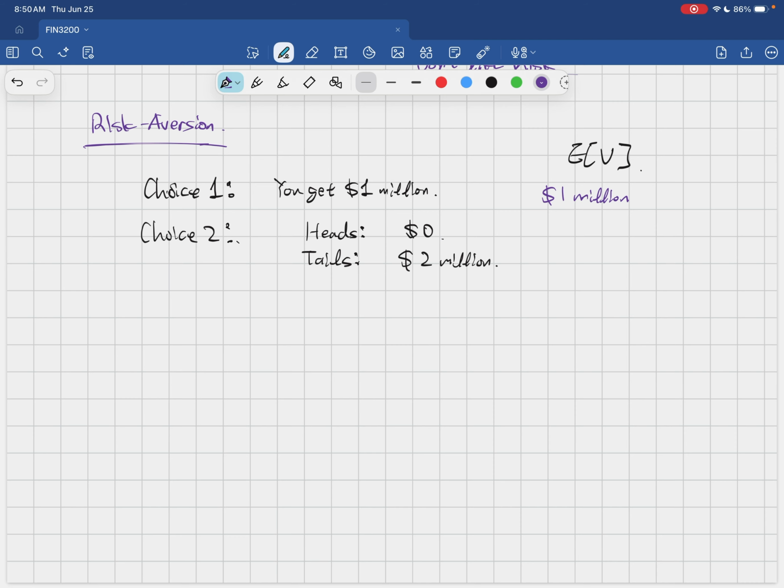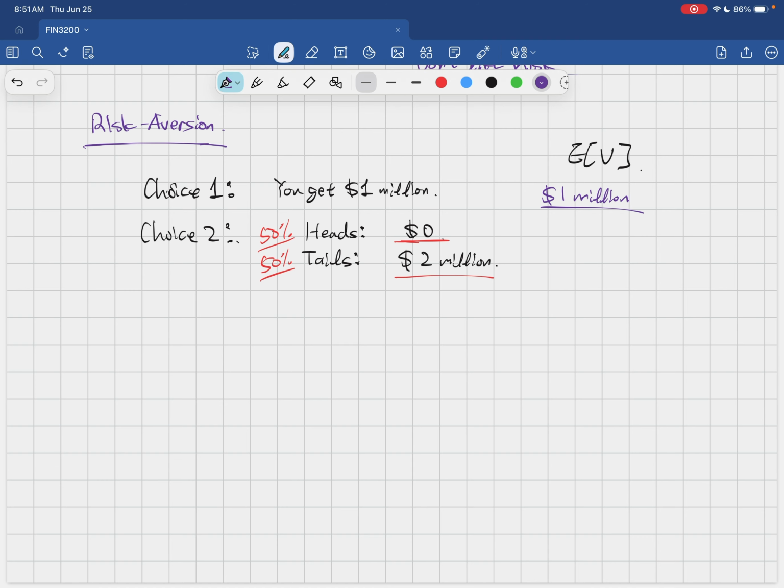The second choice: the probability of heads, assuming it's a fair coin, is 50%, and the value you get if it's heads is 0, and the probability that it's tails is 50%, and you get 2 million in that case.